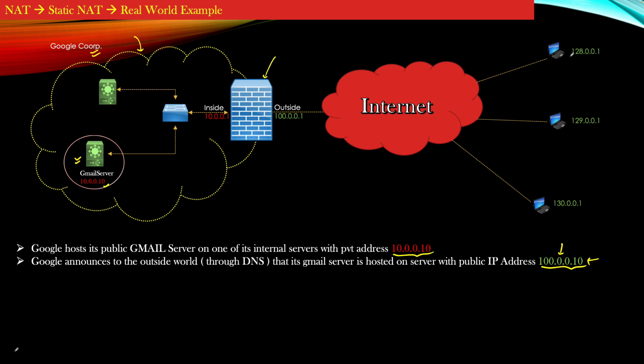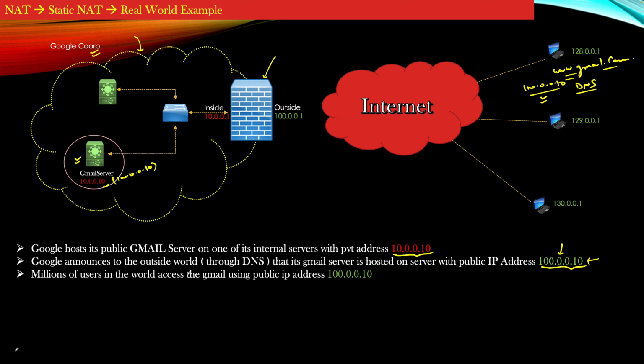So anybody who writes www.gmail.com in the browser, the domain name server or DNS resolution would come into the picture, and it will resolve this URL to the public IP address 100.0.0.10. So the rest of the world is going to access the Gmail server at this public IP. Let us write this public IP somewhere here, 100.0.0.10.